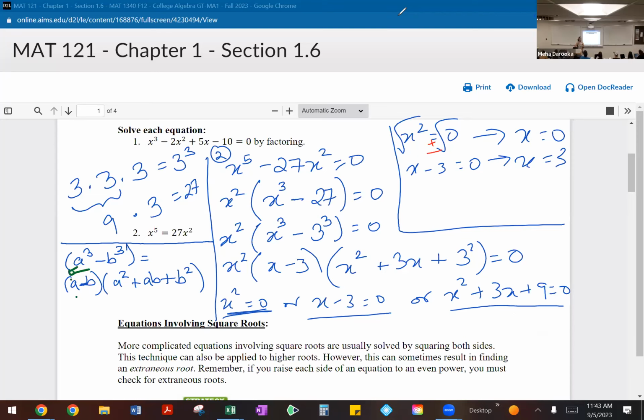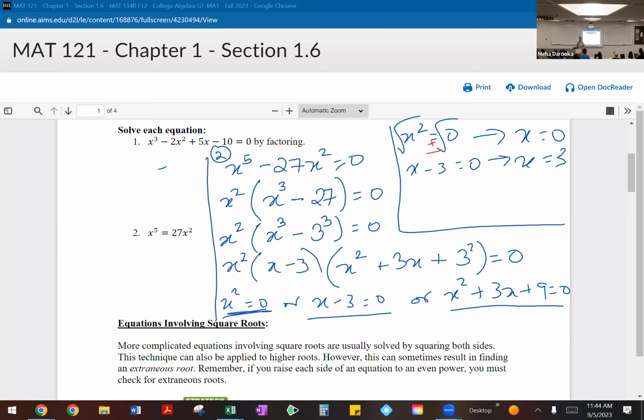So if it cannot be factored, what else can we use to solve x squared plus 3x plus 9? And this is what we did in section 1.5 last time. Yeah, you can use the quadratic formula, or if you're feeling adventurous, you can use completing the square. Those would be your two options in solving this. So if we did the quadratic formula, I'm going to clear out this side.